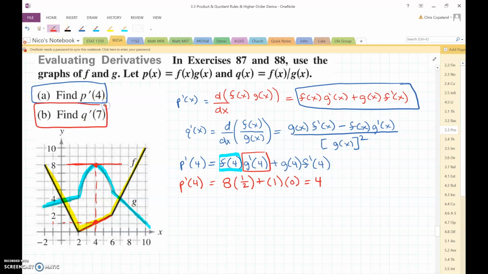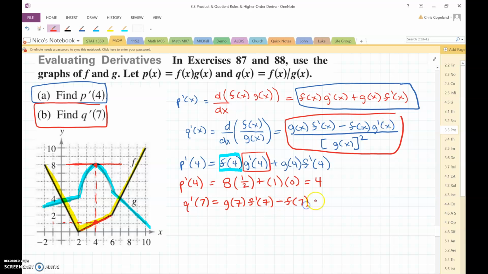Next, let's look at q prime of 7. So this is going to be g of 7 times f prime of 7, and I'm using this guy now, minus f of 7 times g prime of 7, all over g of 7 squared.